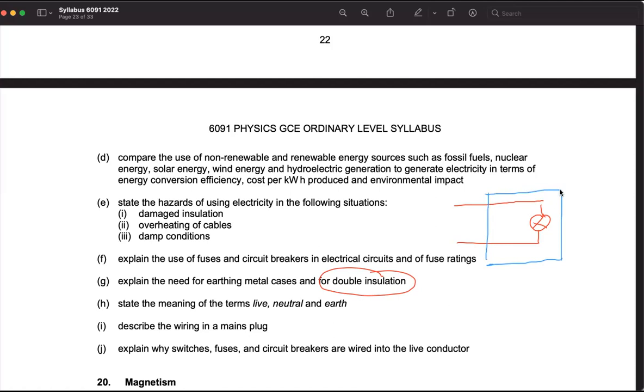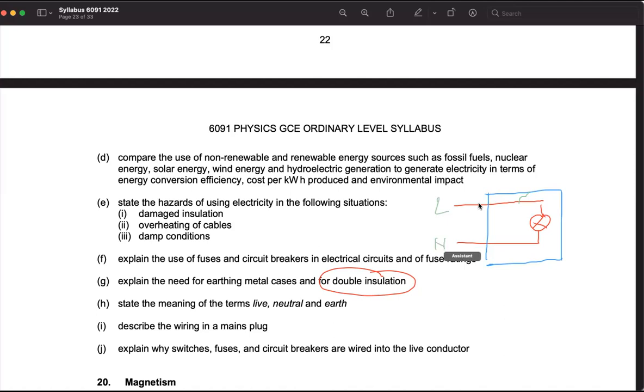However, if something goes wrong, if one of the wires inside touches the metal casing right here, then this metal casing will be a dangerous thing to touch. Is that clear? Okay, so we have the live and the neutral.